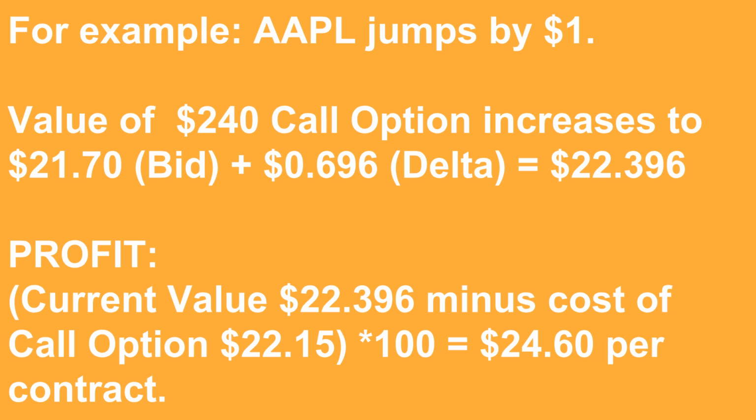Our profit in that scenario would be the current value of 22.396 minus the original cost of the call option, which was $22.15, multiplied by 100, because there are 100 shares per contract, and that would give us a profit of $24.60. So again, this highlights why delta isn't an exact profit measure per $1 increase, because you've got to add delta to the bid price. And you can see the bid-ask spread is very important to consider when you're trading options.